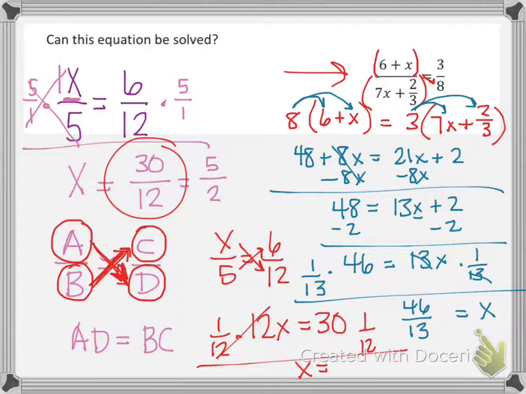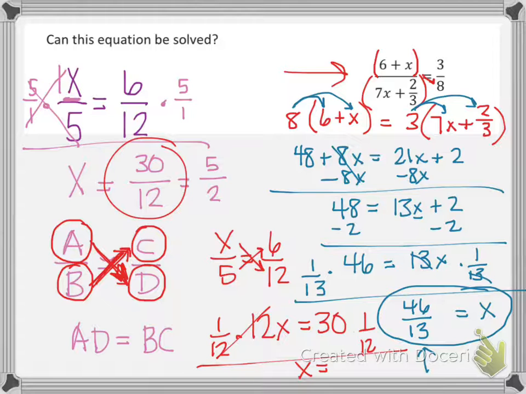And then we can simplify if possible, but for this one we can't. They have no common factors, 46 and 13. So that's our answer. X is equal to 46 thirteenths. And that's a good answer. It's an improper fraction, but improper fractions are a lot easier to calculate with.